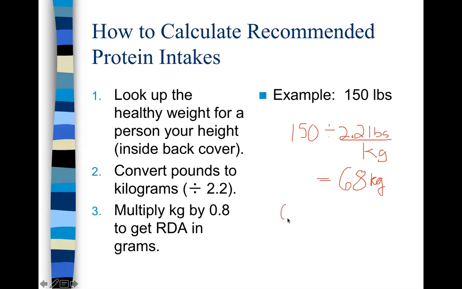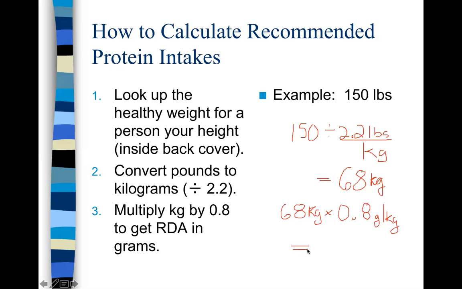And then we can take this 68 kilograms and we can multiply by the RDA for protein, which is 0.8 grams per kilogram.